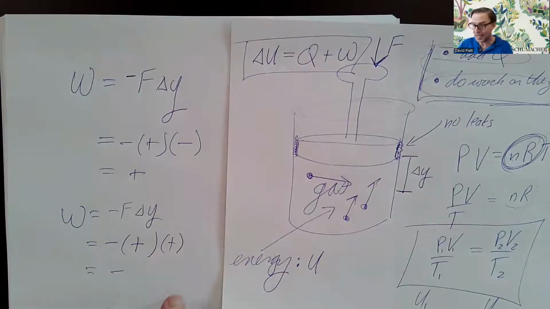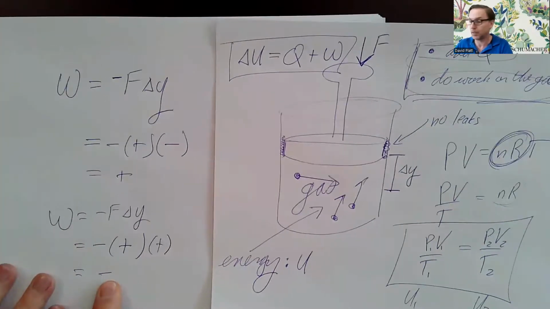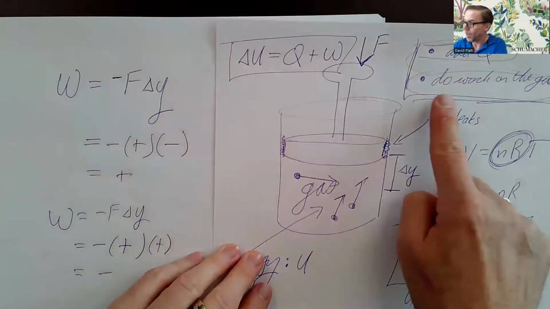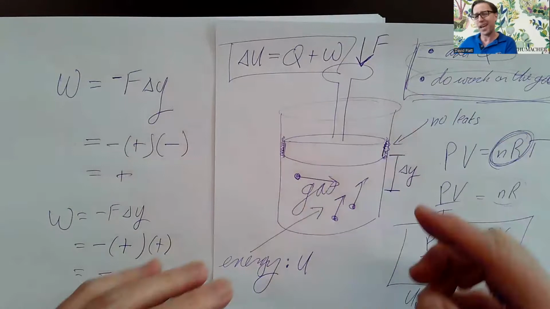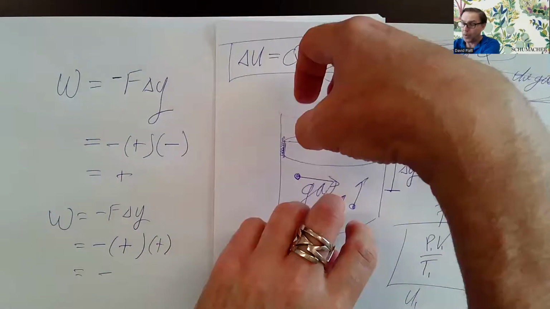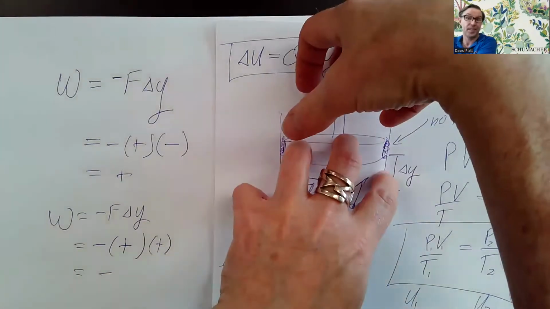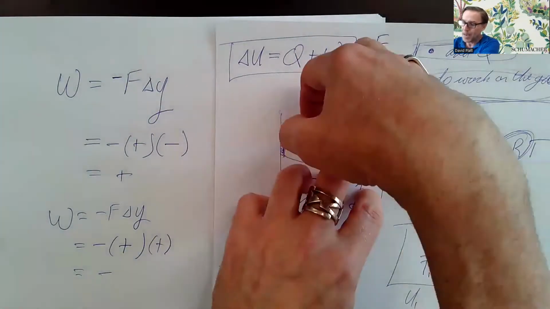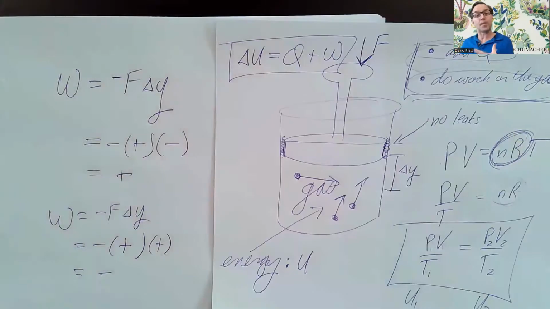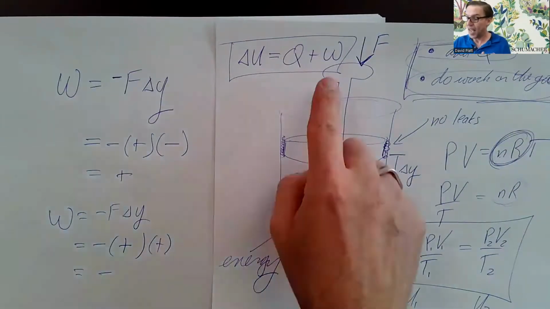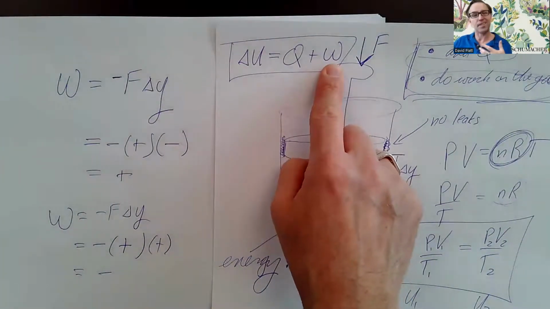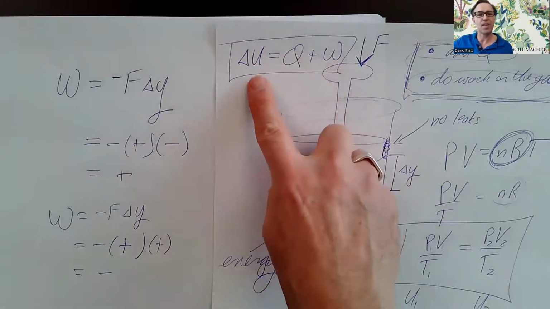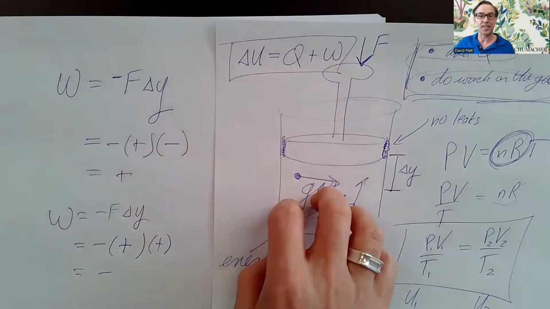So in that case, W is negative. The work done on the gas is negative. That really means the gas is doing work on the thing instead of the thing doing work on the gas. And so the gas expanding would use up some of the energy that the gas has. W is negative, and that decreases the amount of energy that the gas has.